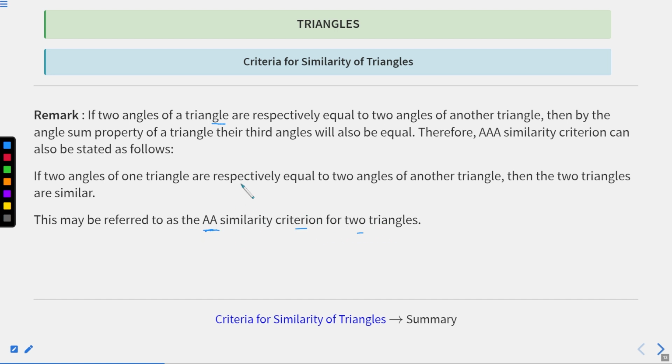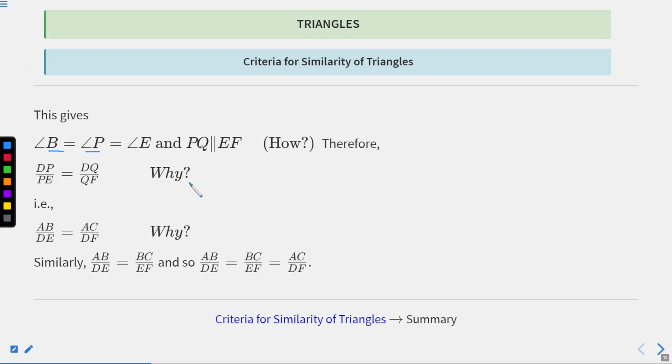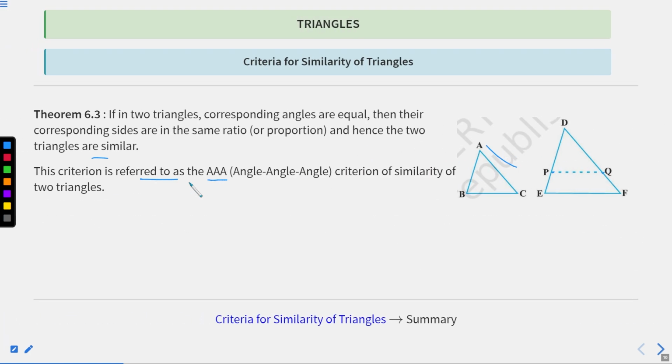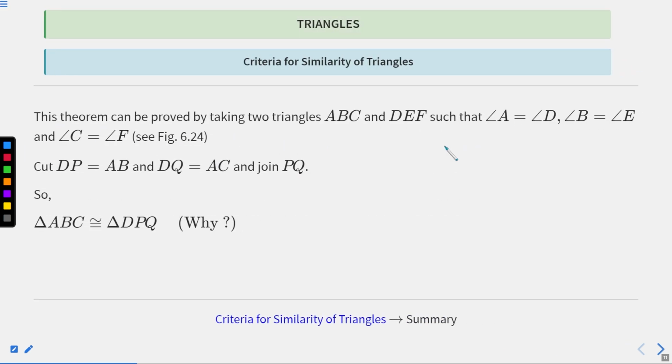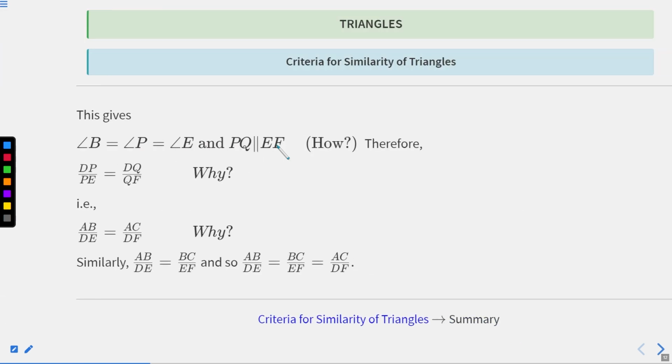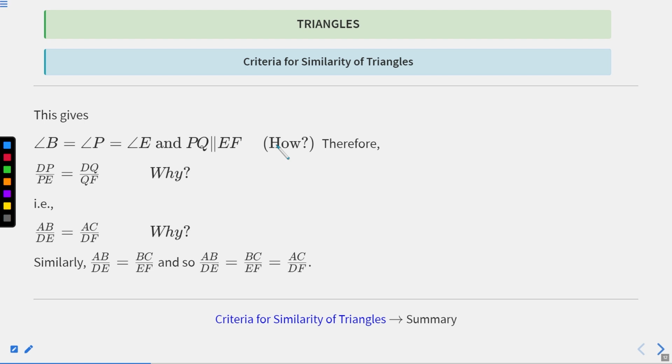So from this criterion, this theorem says that if corresponding angles of two triangles are equal, then their corresponding sides are also in the same ratio.